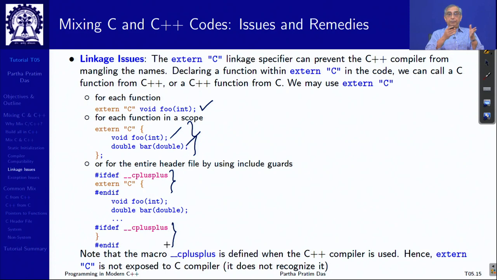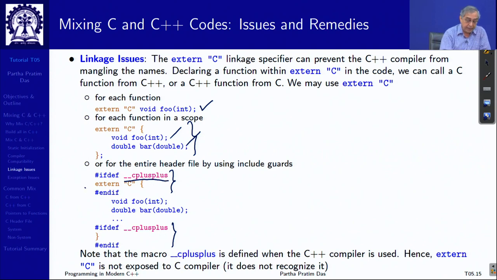Now, the problem is the C compiler does not understand extern C, because C does not have anything like that. So, you have to make sure that the C compiler does not get to see it, only the C++ compiler gets to see it, because the C++ linker needs to know that the mangling is not there, or mangling is not being preferred. So, you have to make use of this particular macro from the CPP, we discussed this, which is true only if you are compiling as C++.